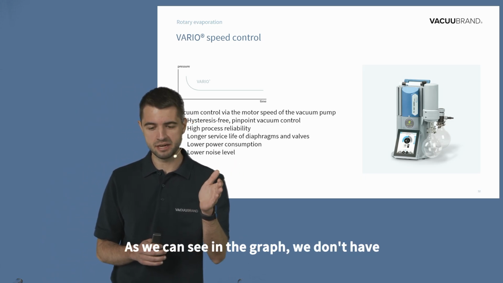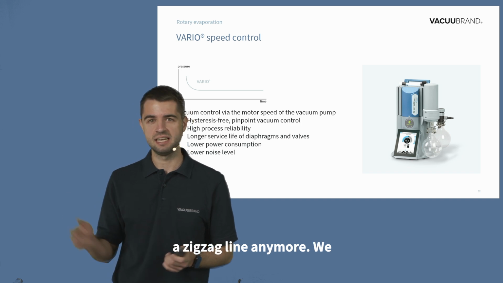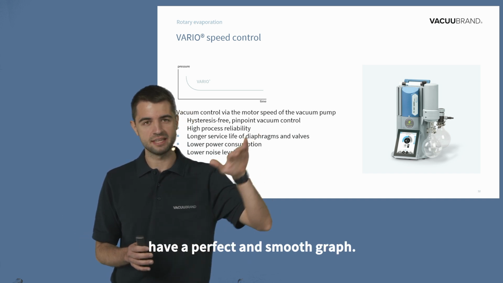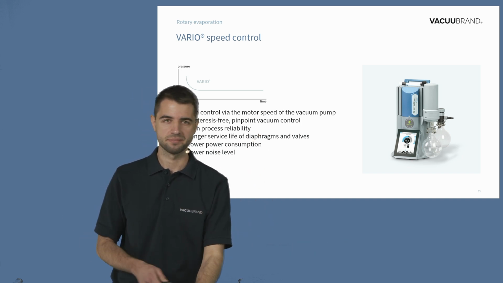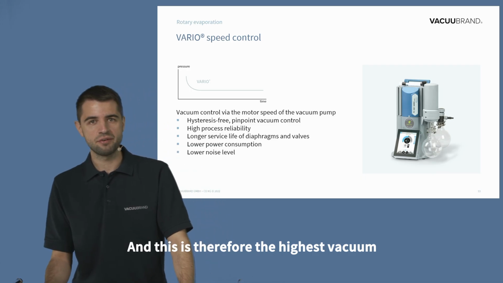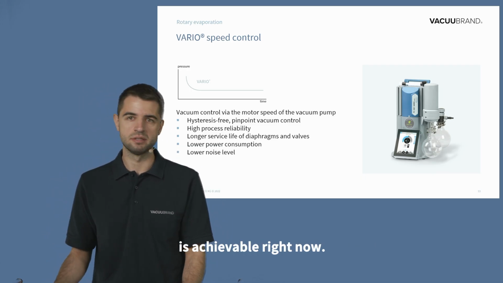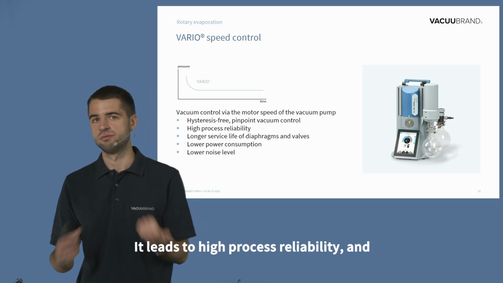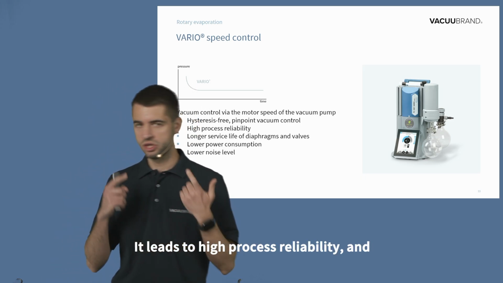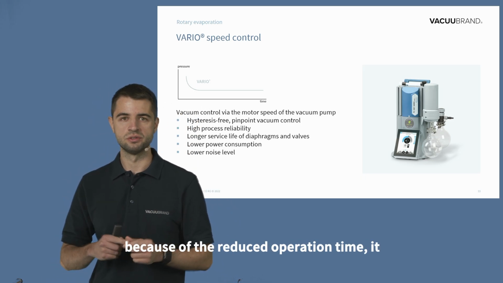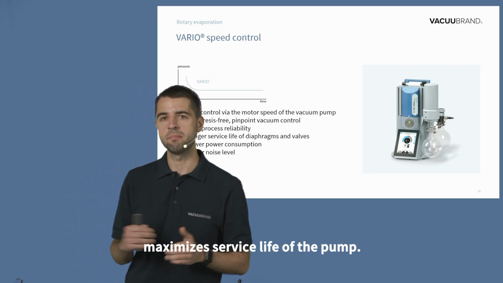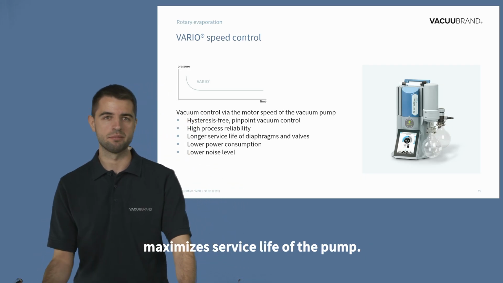As we can see in the graph, we don't have a zigzag line anymore. We have a perfect and smooth graph. And this is therefore the highest vacuum control precision that is achievable right now. It leads to high process reliability and because of the reduced operation time, it maximizes service life of the pump.